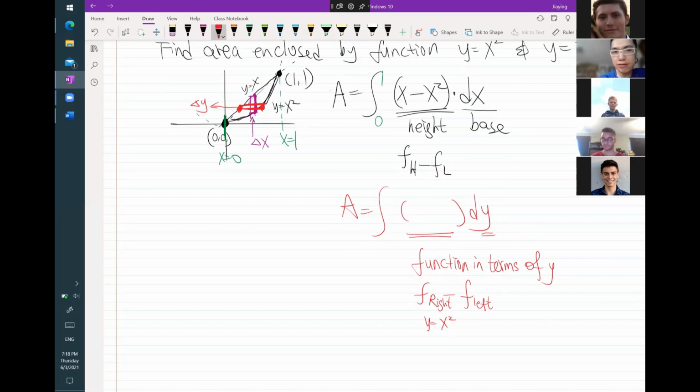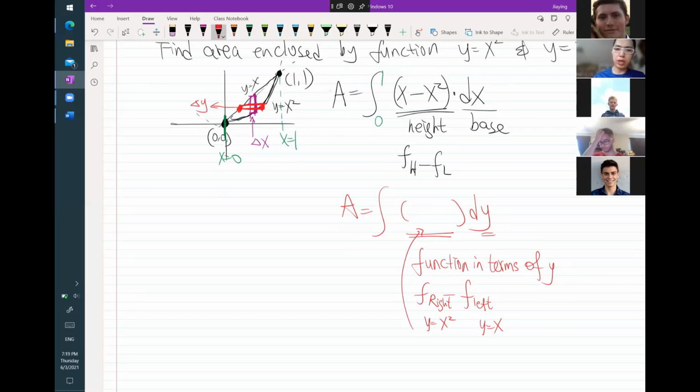The function on the left is y equals x. But I can't just use x squared and x directly. I have to turn them into x in terms of y, because I have a dy there. I need something with y in that parentheses, so I have to rewrite it.